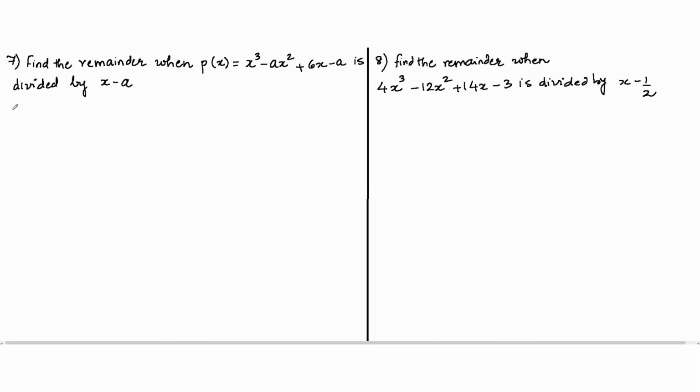So I know that given to me is p of x, the dividend. p of x is x cube minus ax square plus 6x minus a, and this is getting divided by x minus a.